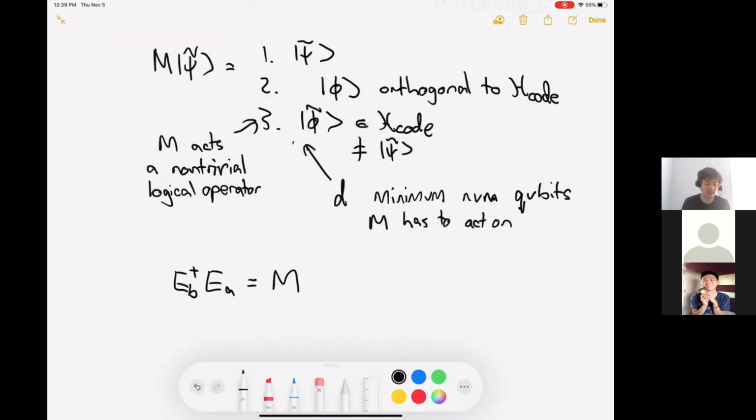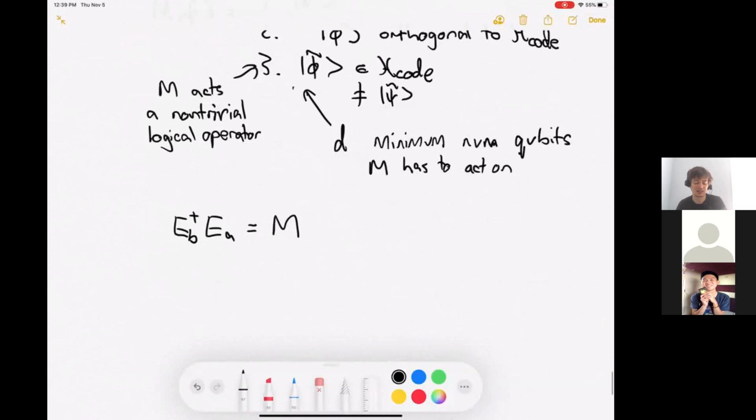Well, in that case, if you don't know whether error A happened or error B happened, then E_A happening on one state, psi tilde, is equal to E_B happening on another code state, phi tilde. So if you just measure that the state is this thing, then you can't tell whether it was originally psi tilde and error A happened, or it was originally phi tilde and error B happened.